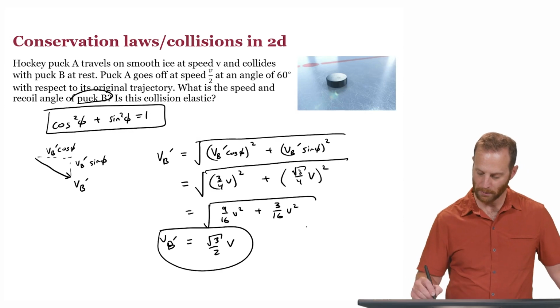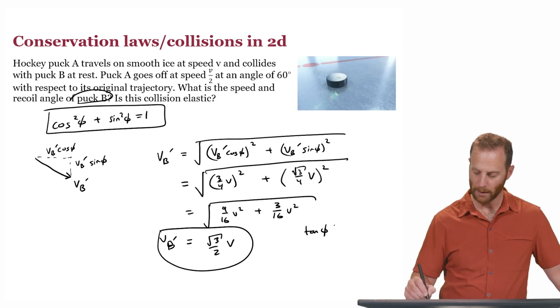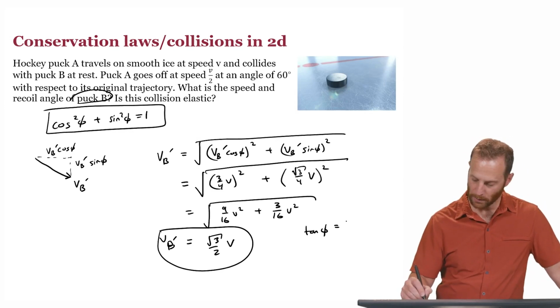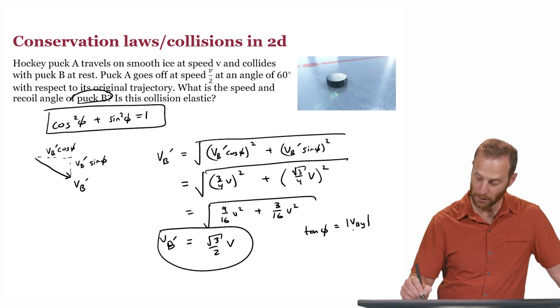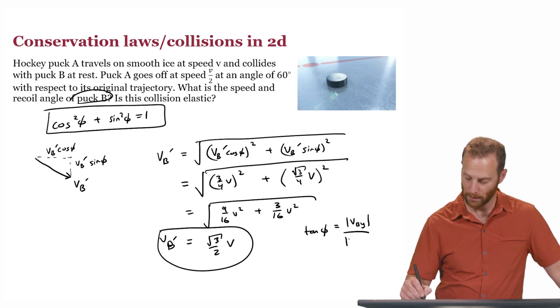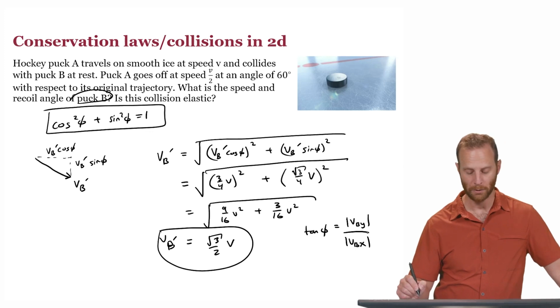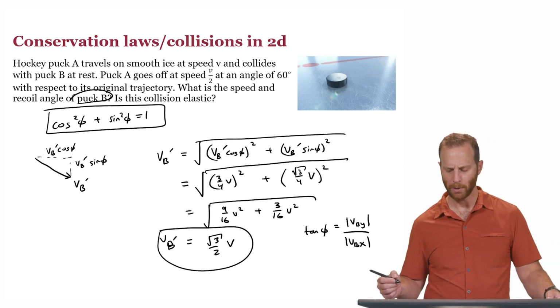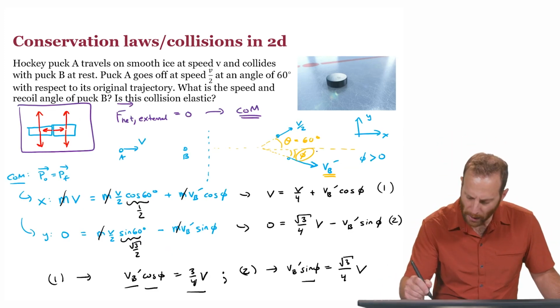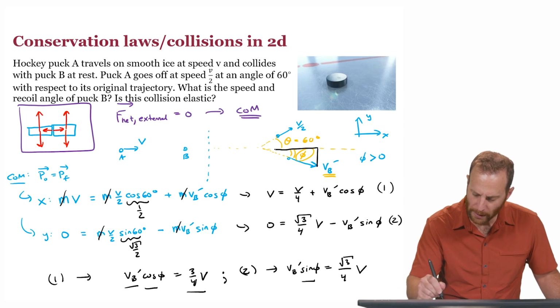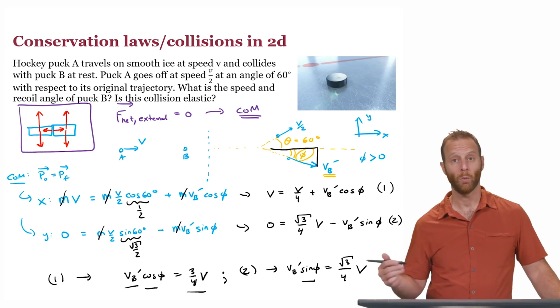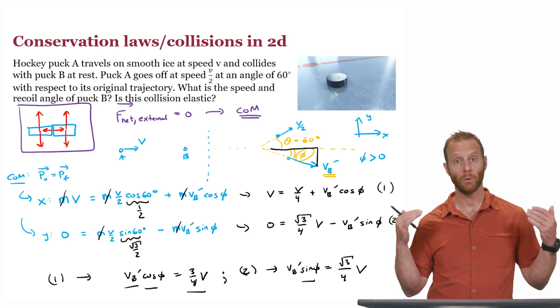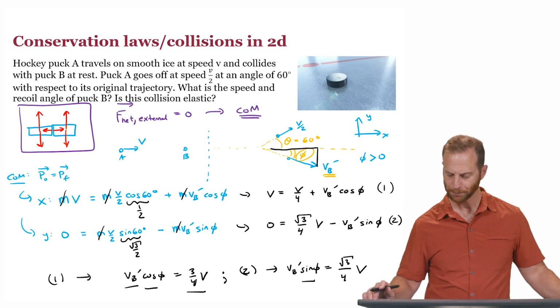The tangent of phi can be written as vby, the magnitude, divided by vbx, the magnitude. Why am I saying magnitude? Because if we go back to our picture, we have these side lengths, and I'm not going to worry about whether one is positive or negative. I just want to know the absolute value of that angle.